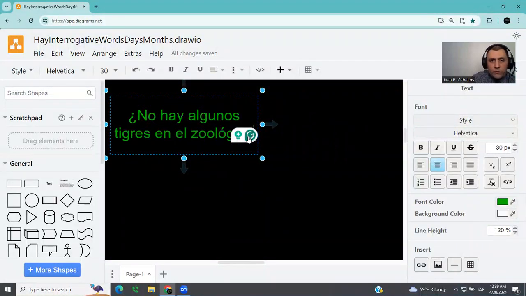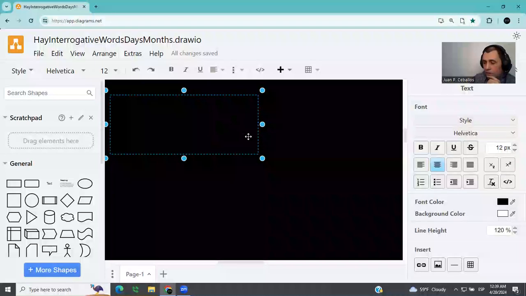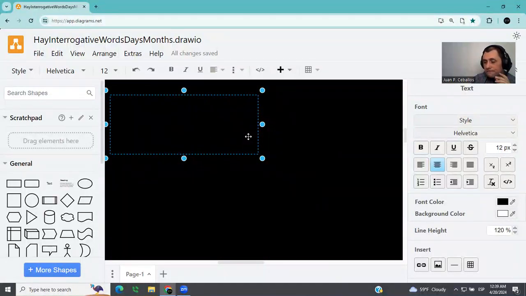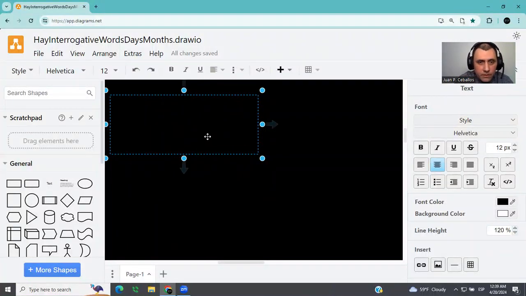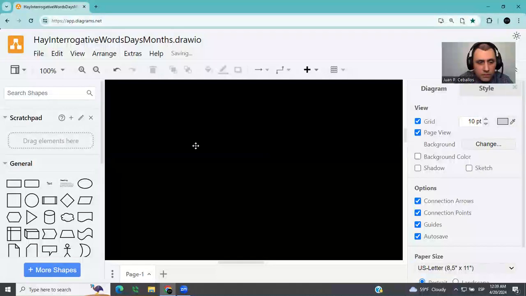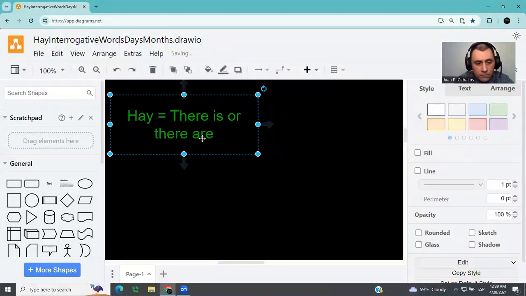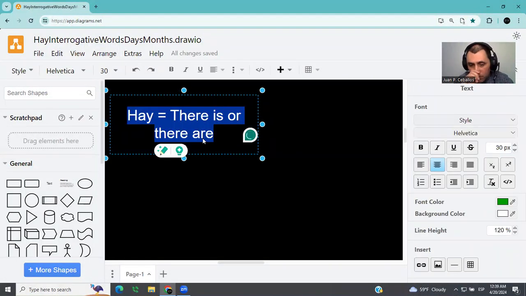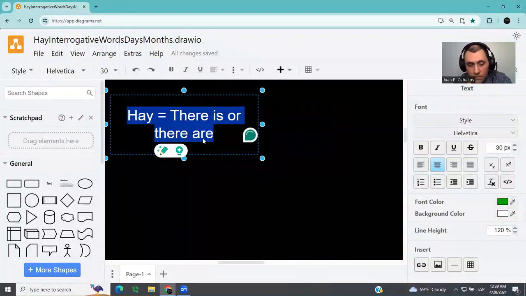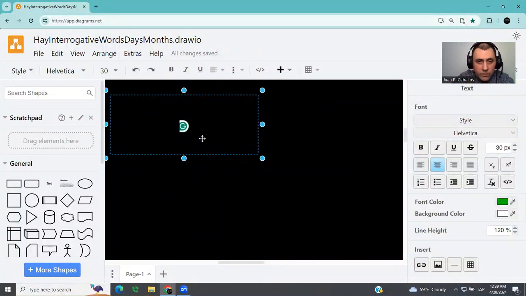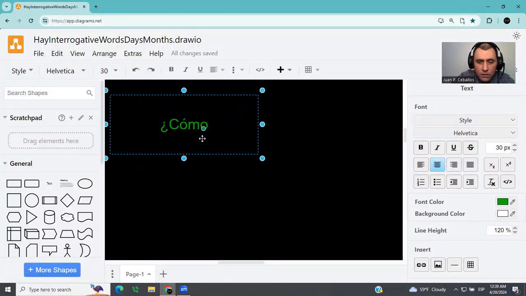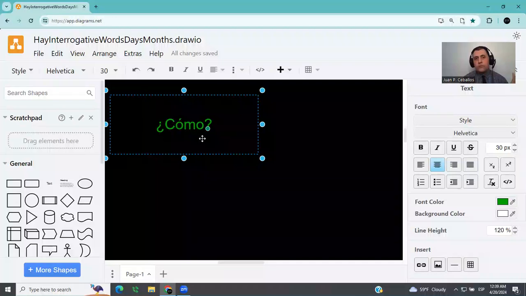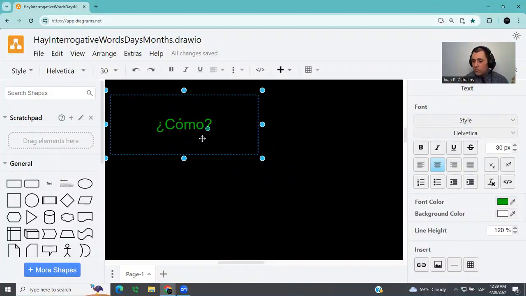Now, let's move to interrogative words. So we're going to start mentioning the most common ones. The first one will be cómo, which means how, very easy, cómo.